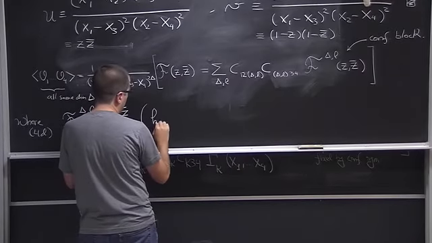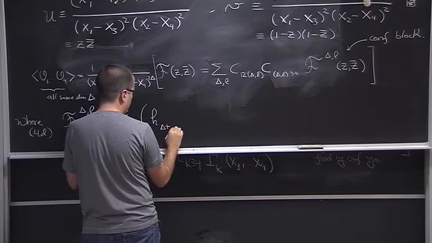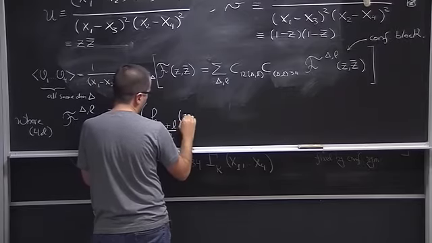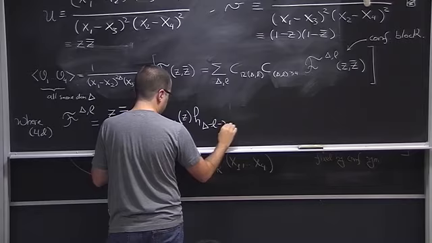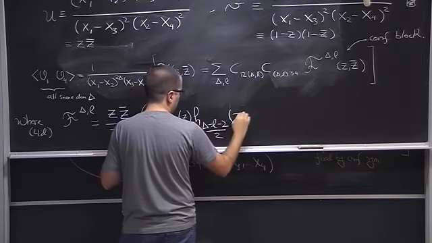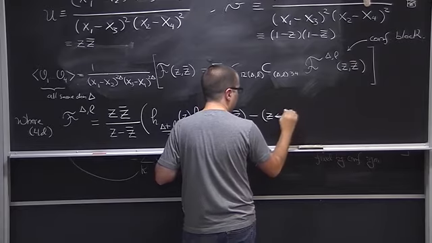And then there is some convenient function h of delta plus L over 2 of z times a function h of delta minus L minus 2 over 2 of z bar, minus the same thing with z replaced by z bar.